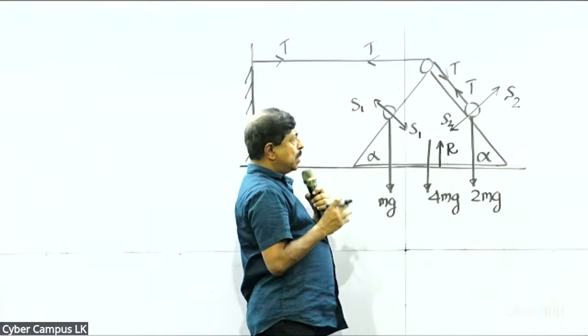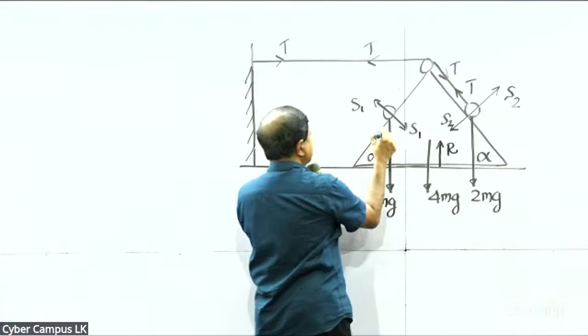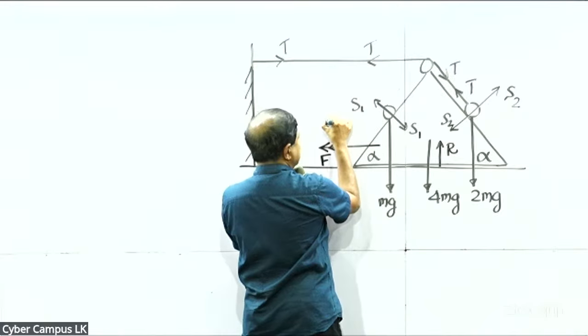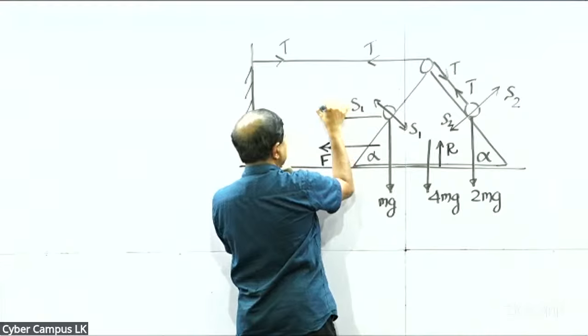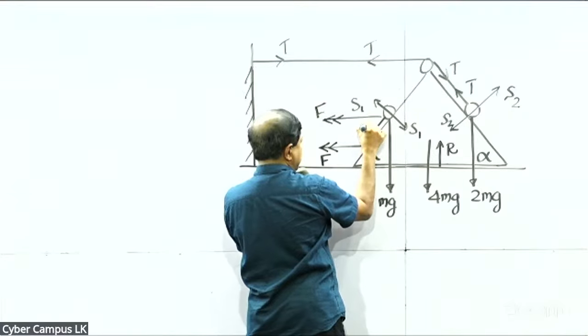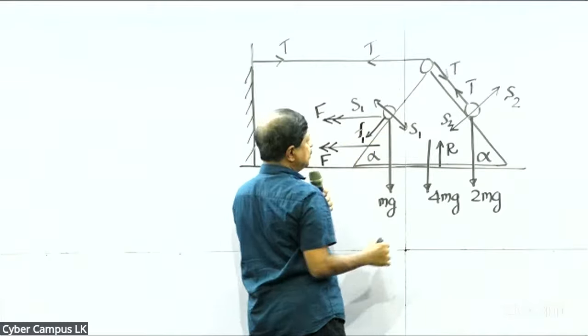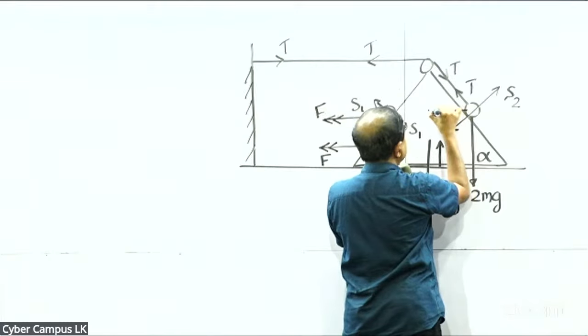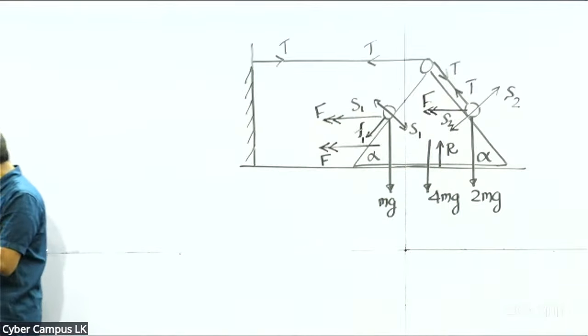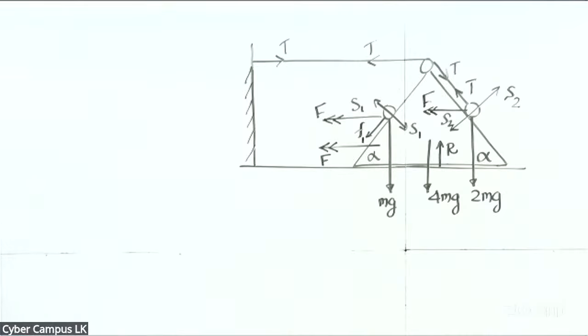Then we have to mark the accelerations with double arrows, otherwise it may lead to confusion. These are the accelerations of the small masses. If capital F is added to every small object, every particle, we have to consider this as well.